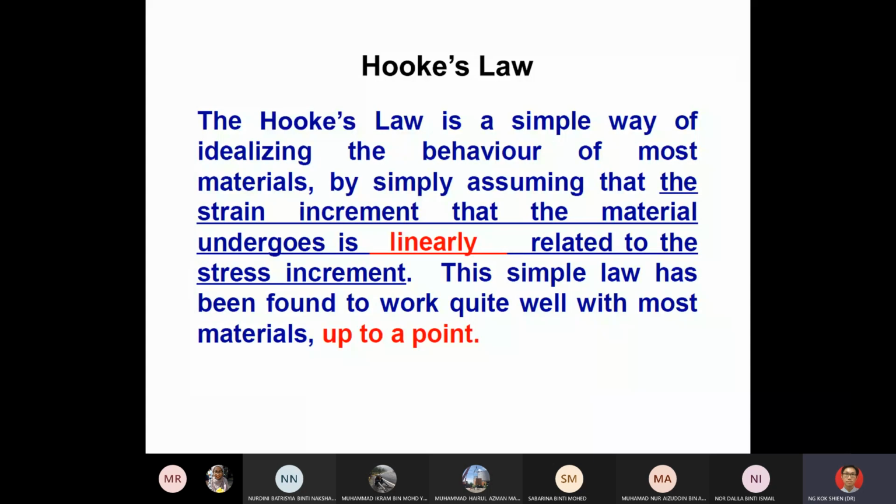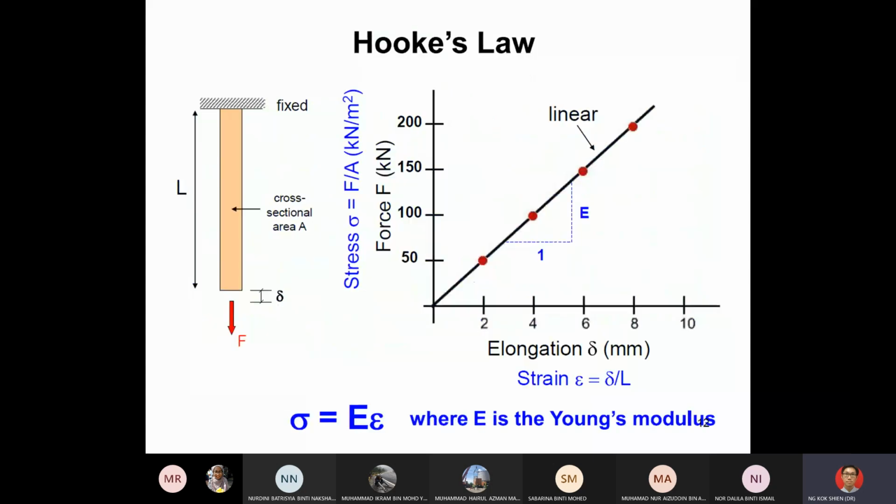So let's say you pull a bar, then it will elongate linearly, but up to one point, which normally is what you call a fracture point. You break. However, Hooke's law itself does not tell you where is the failure point. In reality, the material will fail, even if it is an elastic material, it will have a failure point. But if you use Hooke's law, it won't tell you where is the failure, because it's actually a straight line. You pull this bar, you go straight only.